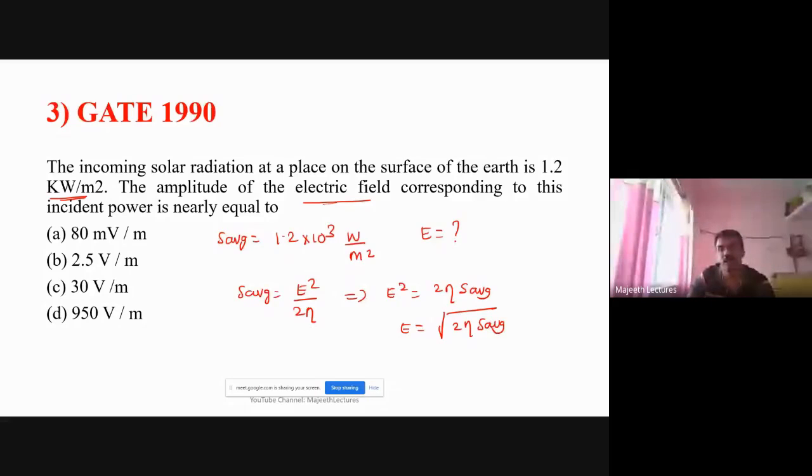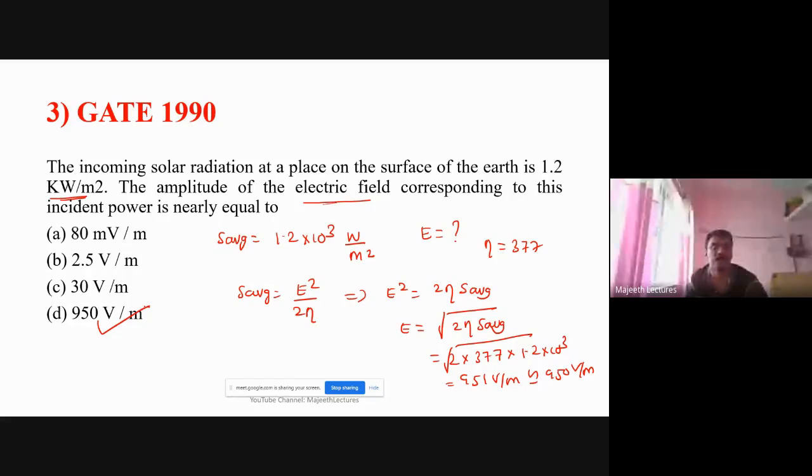Eta is equal to 377. So 2 into 377 into 1.2 into 10 power 3. If you simplify, what you get is 951 volt per meter. That is approximately 950 volt per meter. Option D is the right answer. Okay.